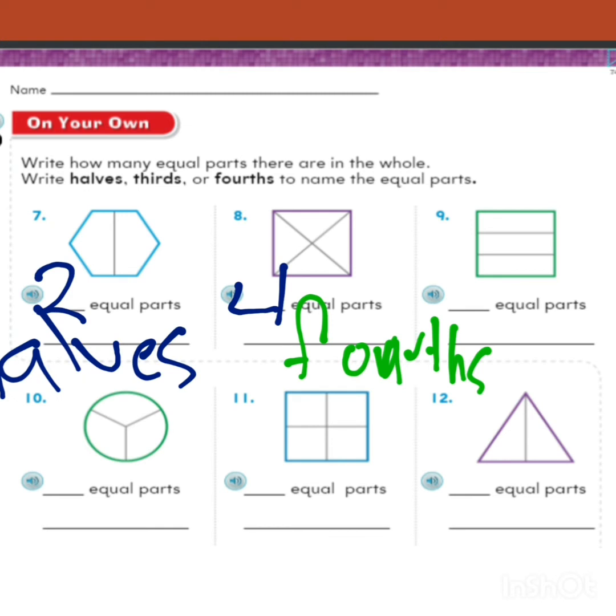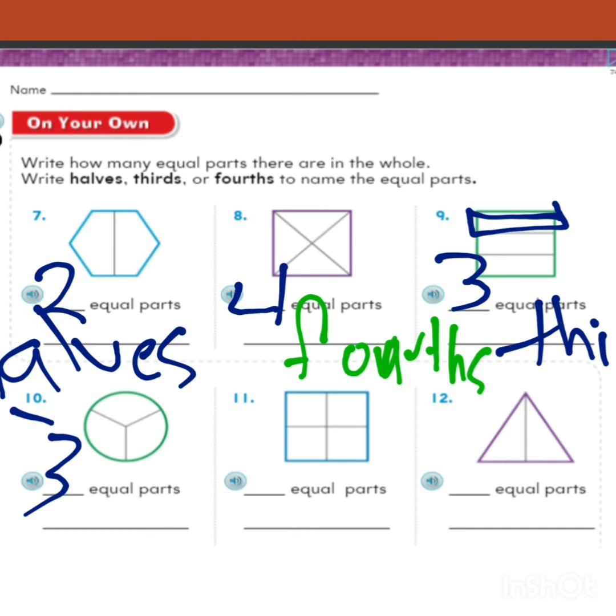Number 9. How many equal parts? 3 equal parts. So that's thirds. Each part we call a third, 1/3. Number 10, 3 equal parts, so that's thirds.